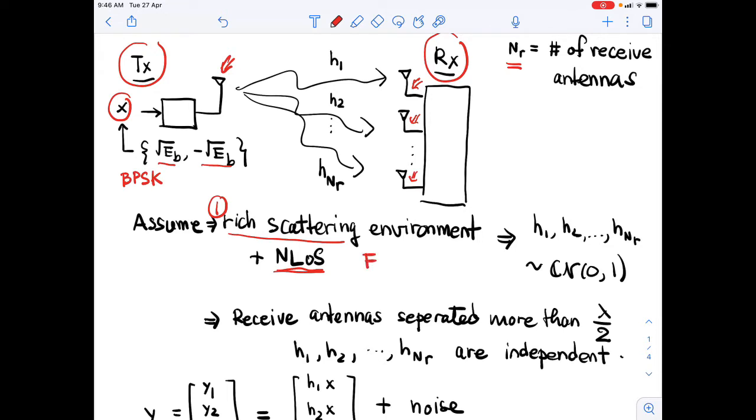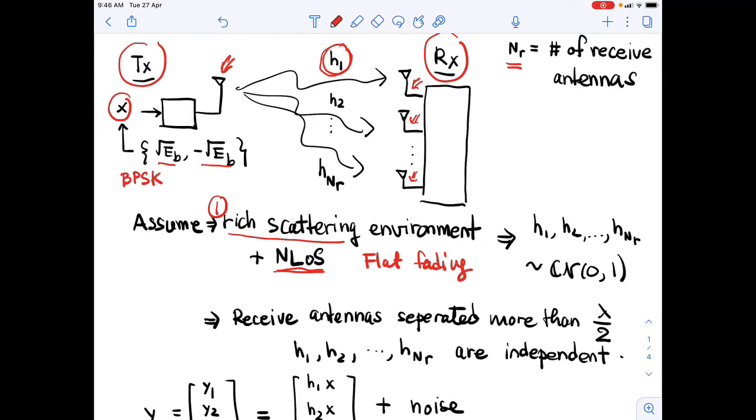So the link between the transmit antenna and the receive antennas is only gonna be captured by one channel coefficient or one channel gain. So the channel gain from the transmit antenna to the first receive antenna will be captured by H1.